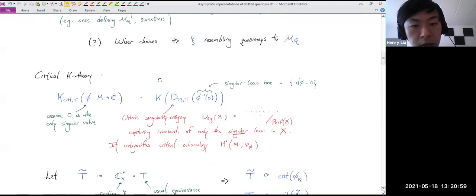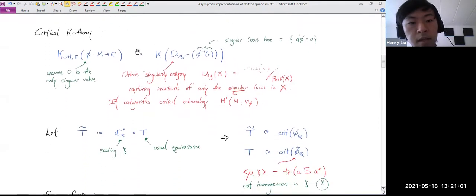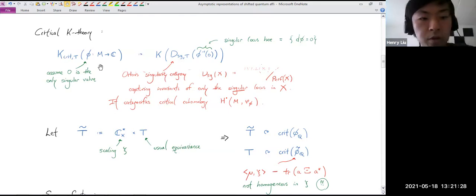And this moduli space, in general, will be very singular. And the correct K-theoretic invariant to think about on it is not the usual K-theory, but instead the critical K-theory. And from its name, you should not be too surprised it's the right thing to take when you have a critical locus. And so what's critical K-theory?